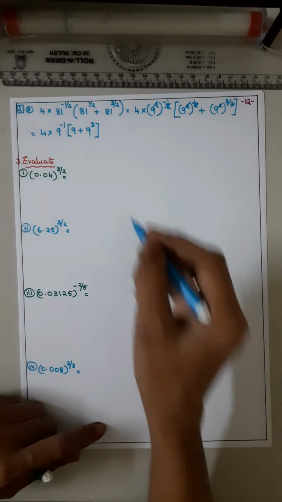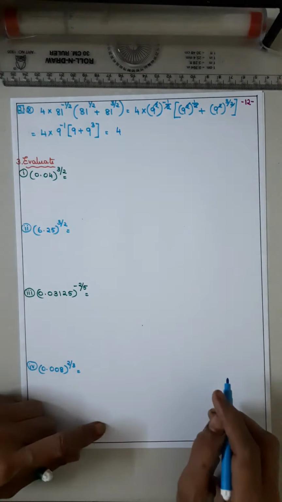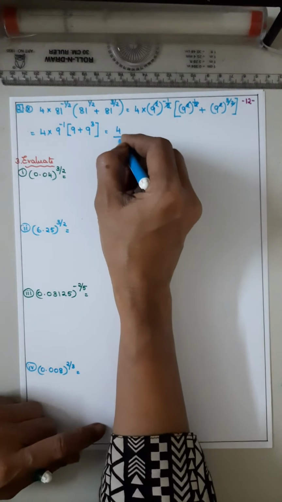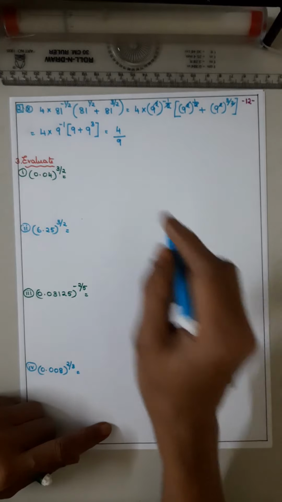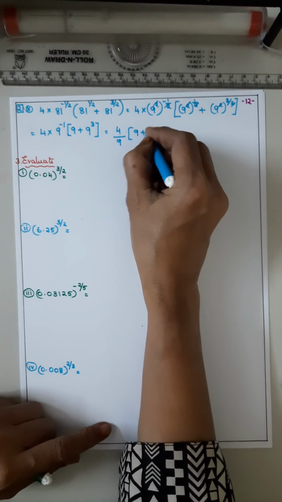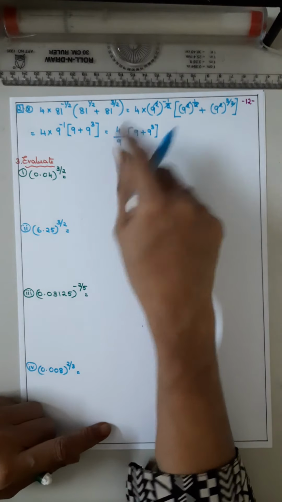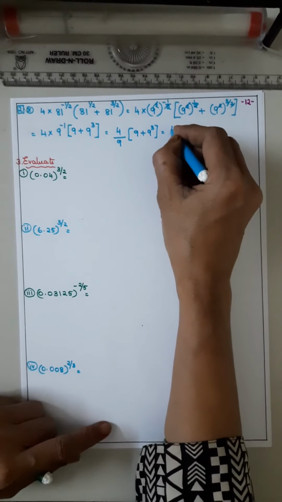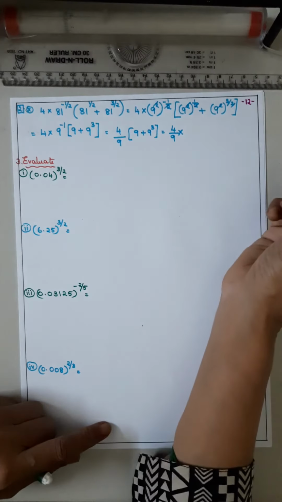Isn't it? Now it is 4. 9 to the power minus 1 means it will go to the denominator. Yes or no? 9 to the power minus 1. Negative power. So it goes to the denominator. Now here it is 9 plus 9 cube. Now this 9 we have to cancel. That is why what we will do? 4 by 9 into, in this what is common?